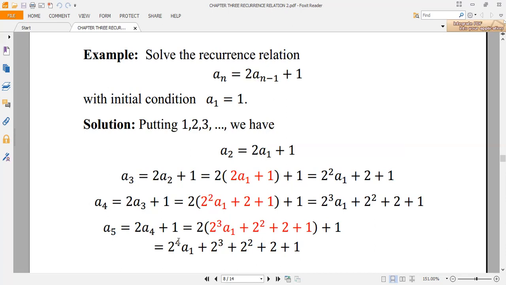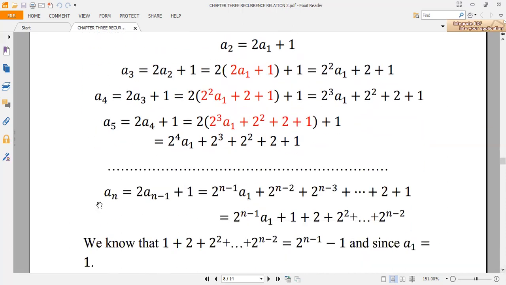So clearly you can see that if a5 is an, then you reduce 1, and on this term you reduce 2, n minus 1, n minus 2, n minus 3, and so on. So the nth term an will be 2 to the power of n minus 1 times a1 plus 2 to the power of n minus 2 plus 2 to the power of n minus 3 plus up to 2 plus 1.